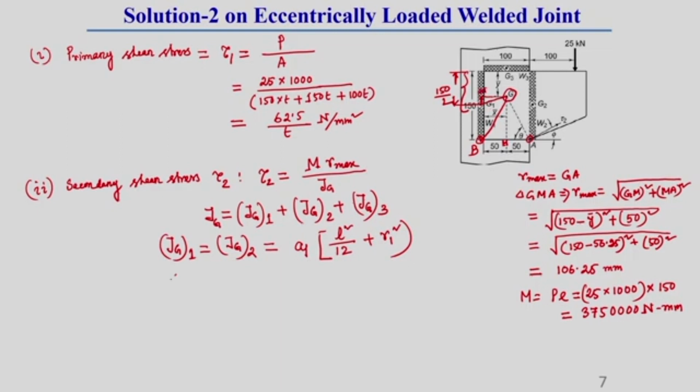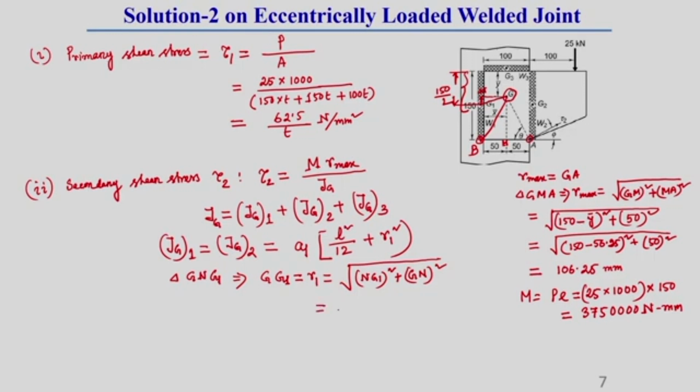From triangle G N G1, we can easily find out R1. R1 equals the square root of NG1 square plus GN square, correct.